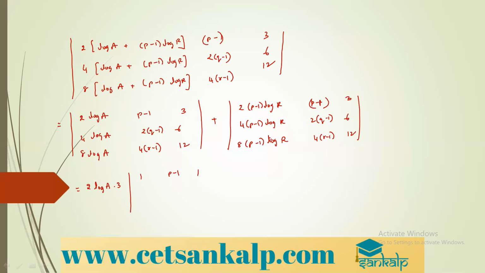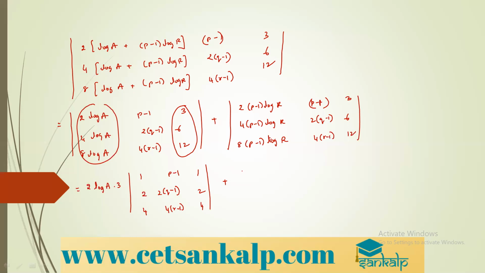Then, because I pulled out 2 log A, I have 2, 2 into Q minus 1, 2. Then here, because I pulled out 2 log A, I will have 4, 4 into R minus 1, and because I pulled out 3, I have 4. So from this column, I pulled out 2 log A. From this column, I pulled out 3 common.